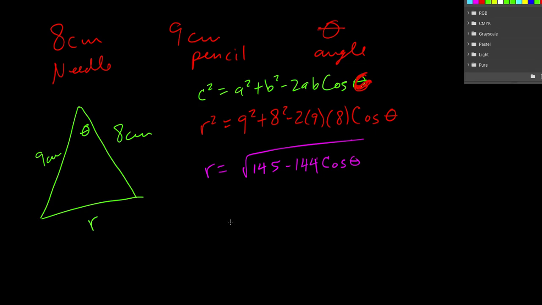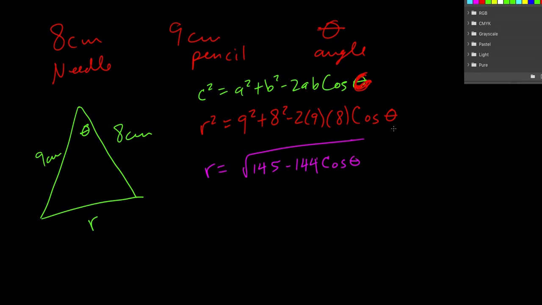Now, to make it easier, what we're going to do is take the derivative of r, because we want to know the rate of change of how the radius is changing on this next part. It says, hence, find the rate of change in r with respect to theta when theta equals 60.